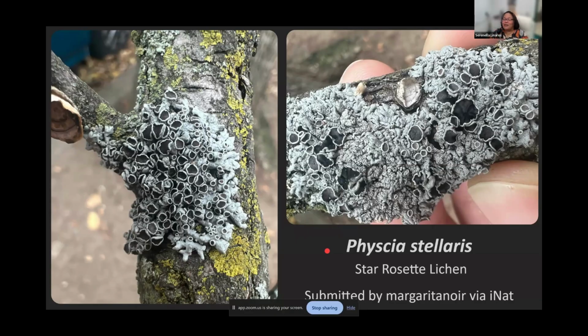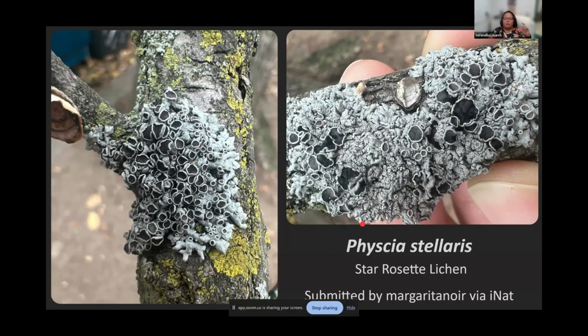Well, according to my dear friend, Professor Natalie Howe, Physcia stellaris tends to have bigger apothecia than the rest of the species. Although bigger is a very relative term, because if you see right here, in the lower part of that right hand side picture is a nail for comparison.